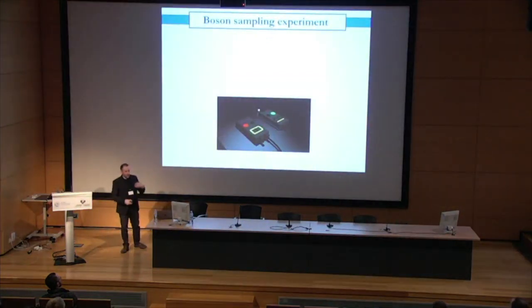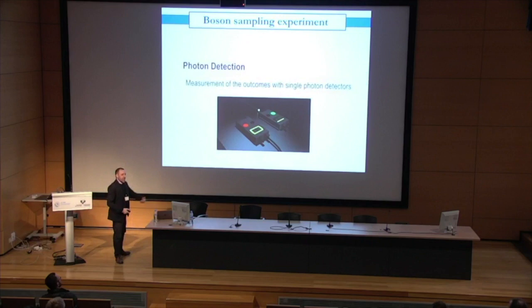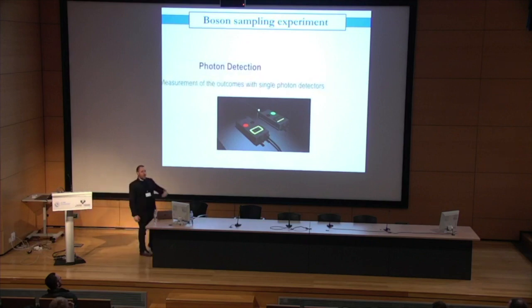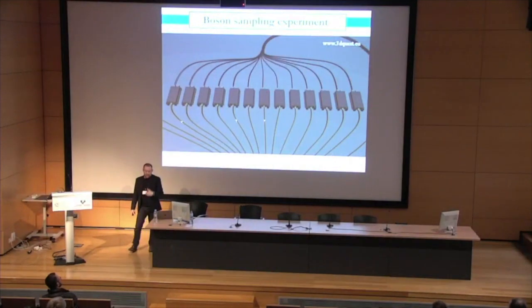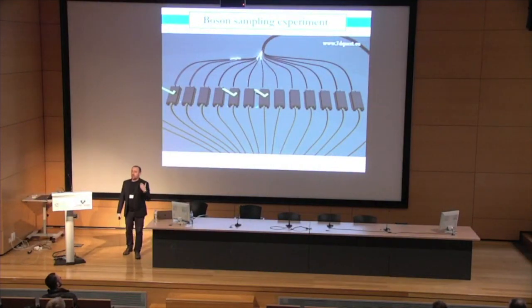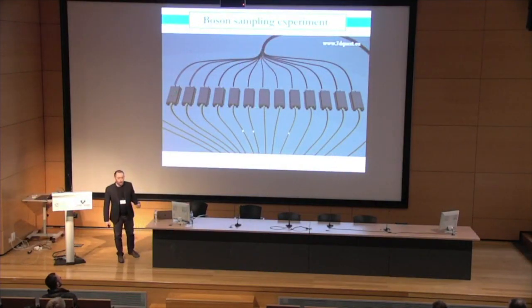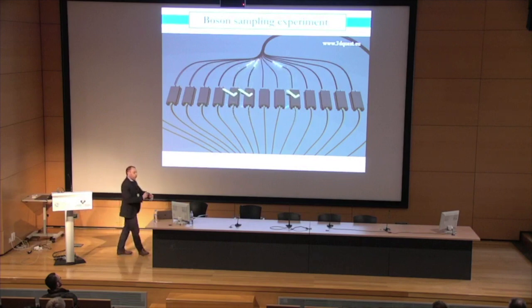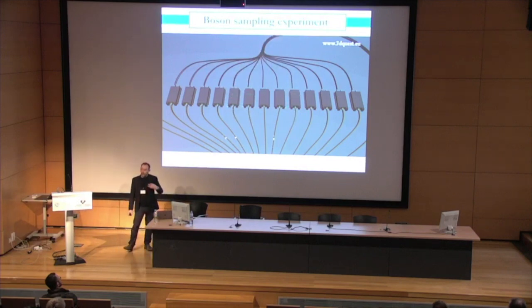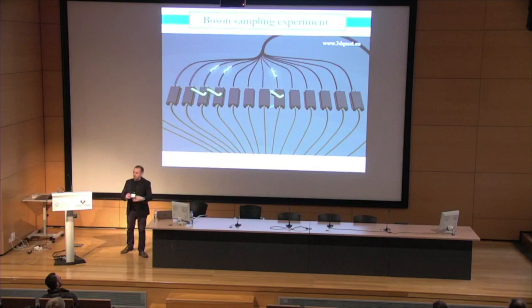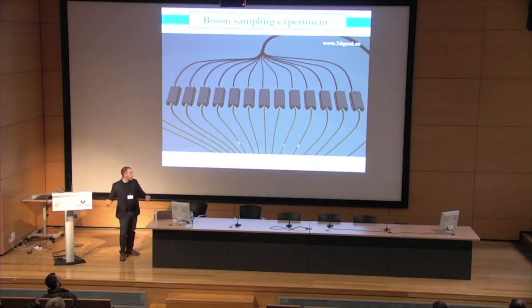And then what you do, you run your experiment many times. Each time you run the experiment, you will measure a different output state, and this is Boson sampling. You are generating events according to the output distribution. So in that case, you have 3 photons over 13 modes. So your sampling event is a string of 13 bits, 10 of which are 0 and 3 are 1.